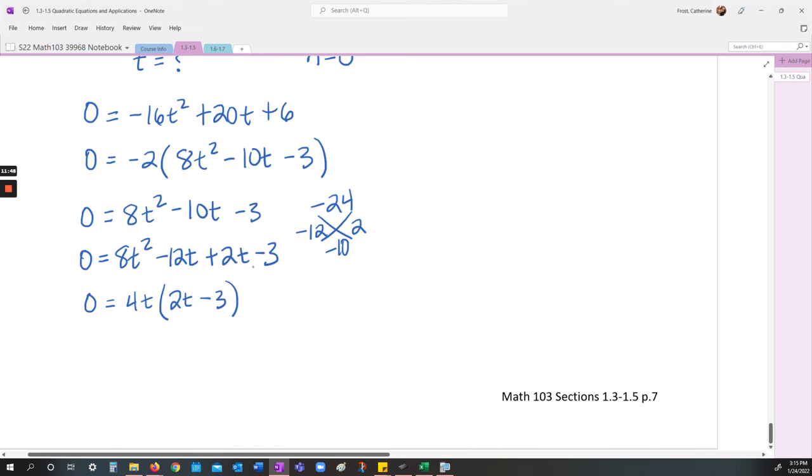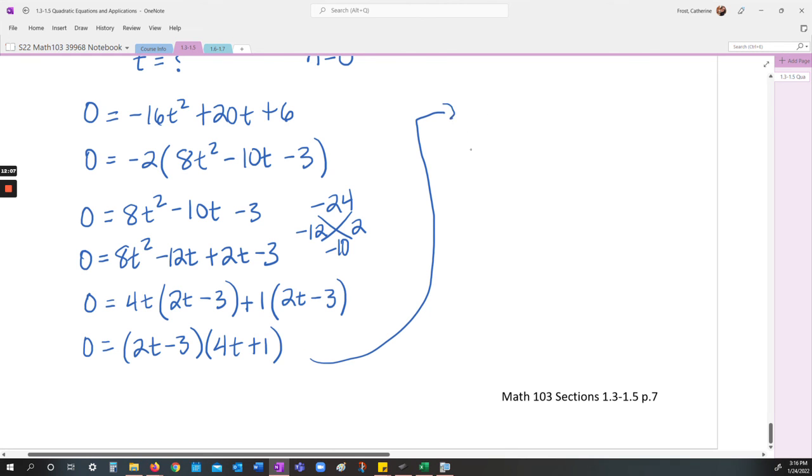And then notice we have 2t minus 3, so we're really just factoring plus 1 out of the second pair, 2t minus 3. So then 2t minus 3 is a factor, and 4t plus 1 is the other factor. Now we can set each of these equal to 0 to get our two possible answers.